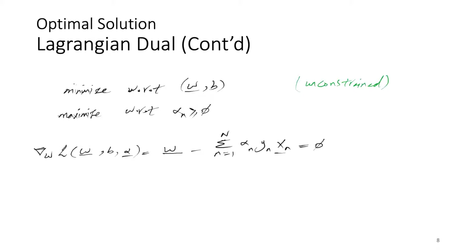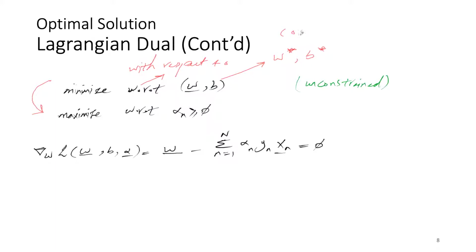So now we need to maximize. Previously we were minimizing with respect to w and b, and we wanted to find these parameters as the optimal solution, right?